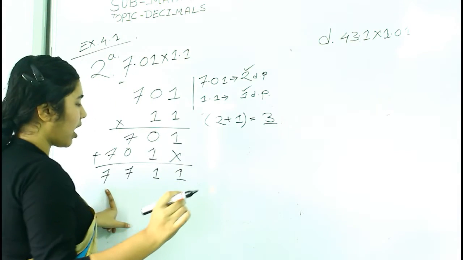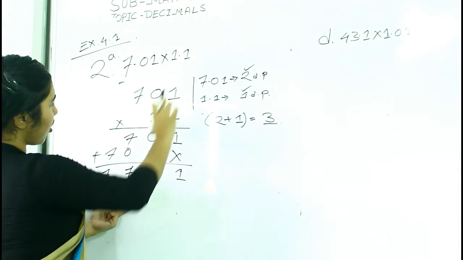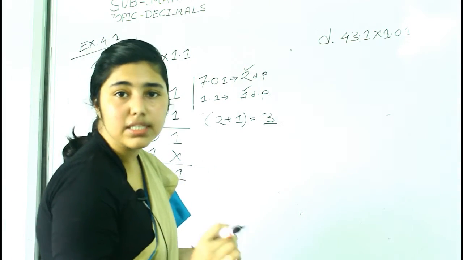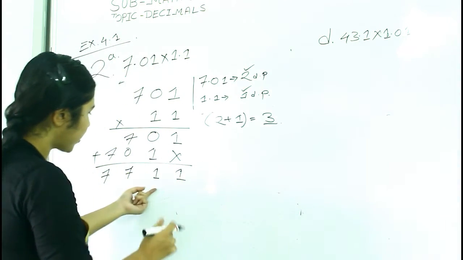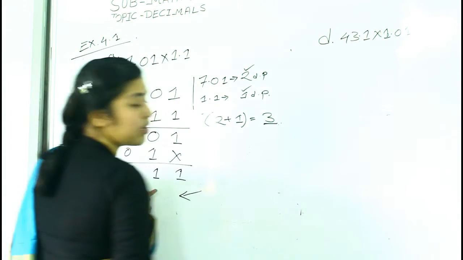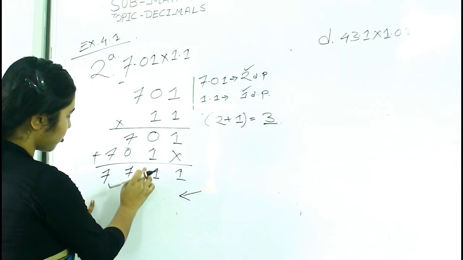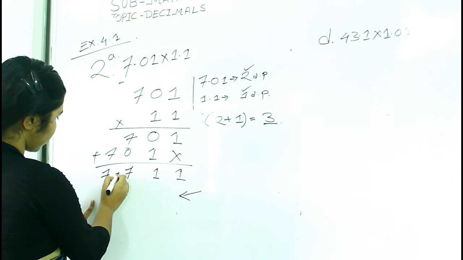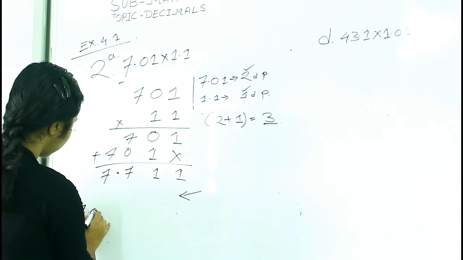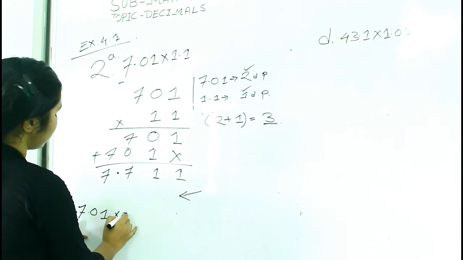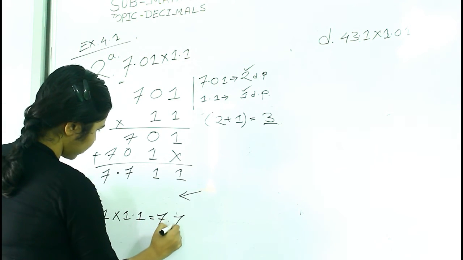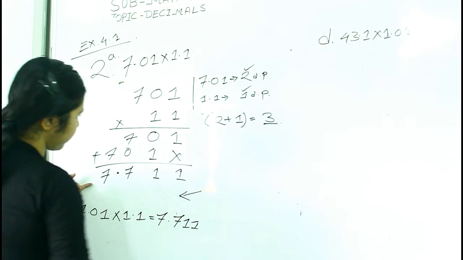Now this is the product of these two whole numbers. Now insert the decimal point from the right at what? At 3 decimal places. So 1, 2, 3. So insert the point here. So our answer, the product of these two decimal numbers, is 7.711.